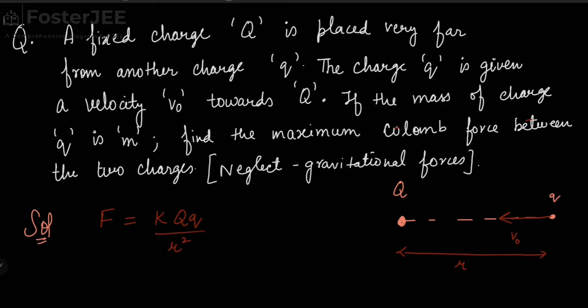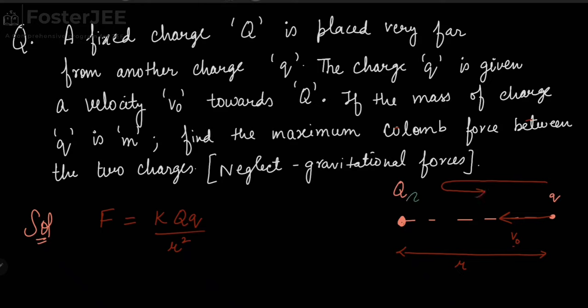After a certain time, since both the charges have the same nature, that is q, and neither is negative, they will repel each other. Initially it was moving with velocity v naught towards charge q. There will be a point when the repulsion will be so large that it will repel the charge, and the charge will start going away from q.